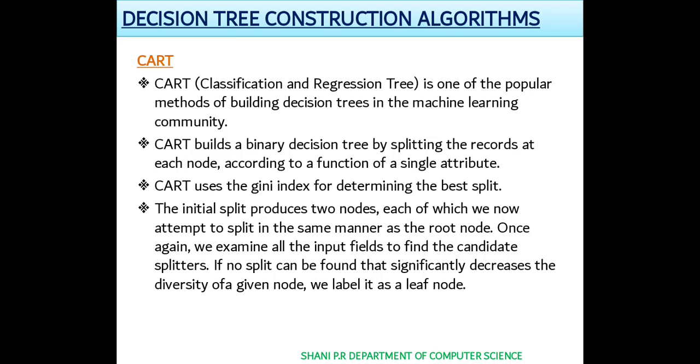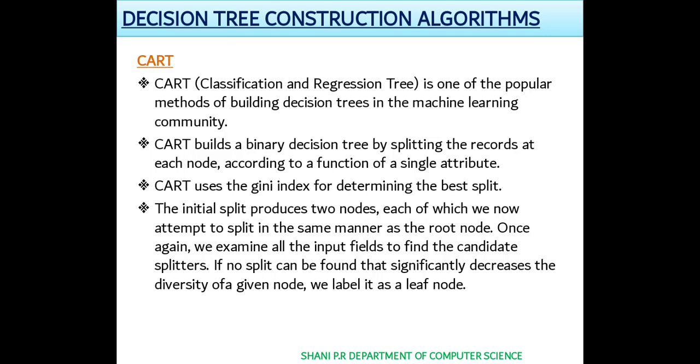CART builds a binary decision tree by splitting the records at each node according to a function of a single attribute. So in CART, by considering a single attribute, it will be divided in binary form. CART uses the Gini index for determining the best split.